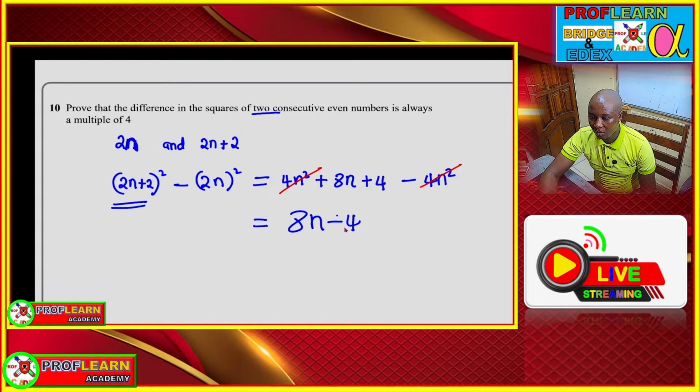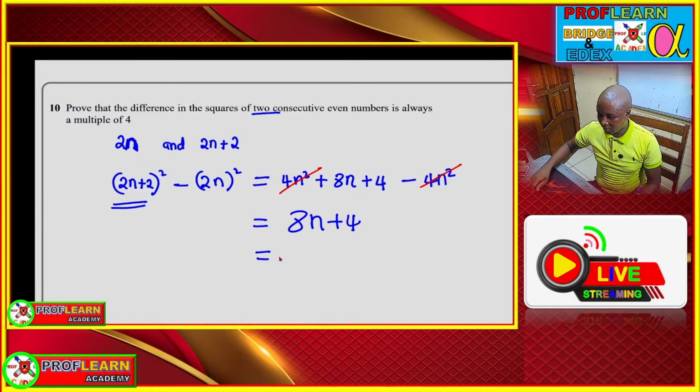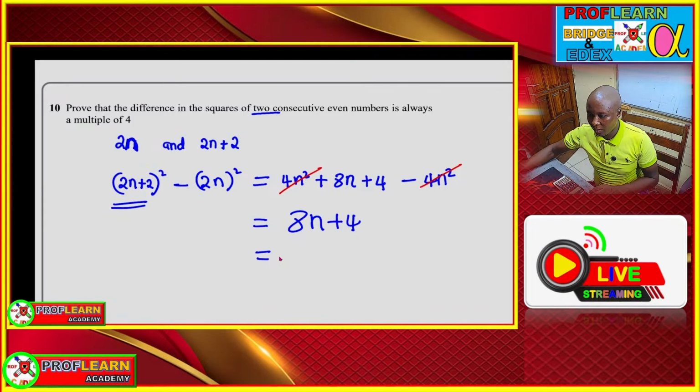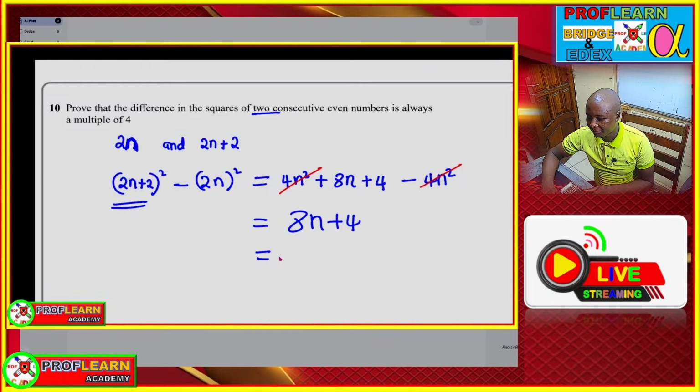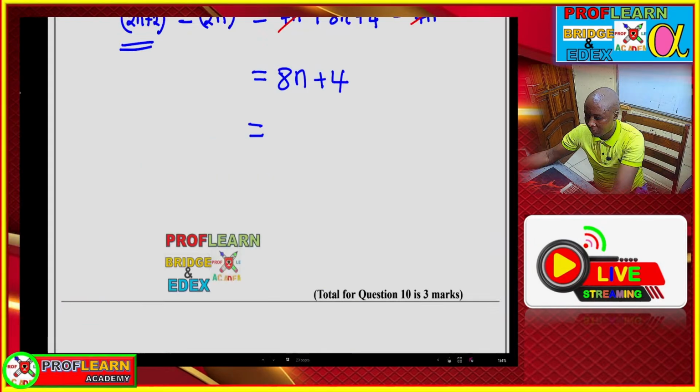And something that you're going to realize is that once we have this, we can express this number as what? Let me just show you what I'm trying to say. So meaning that once we have this, we can factor 4 out.